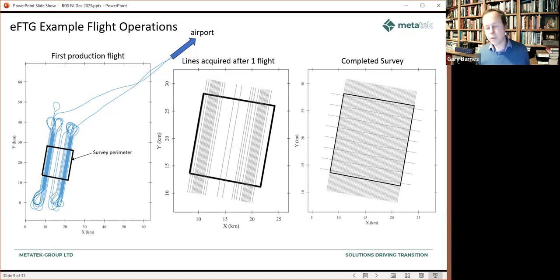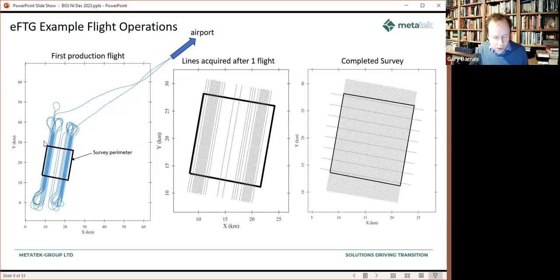There'll be maybe 2 or 3 days of calibrations where we calibrate various instruments. We run various tests on the instruments to make sure everything's working correctly. We do reconnaissance flights just to get an idea of the topography in the area to make sure there are no surprises or anything like that. And then we start doing a survey.